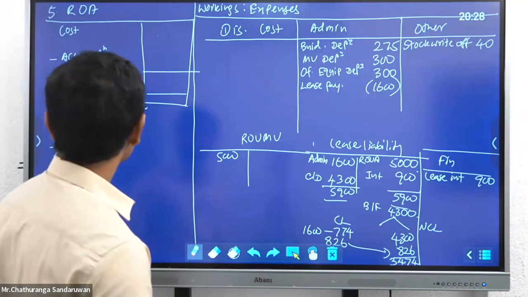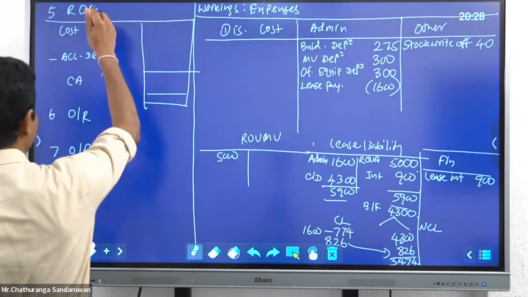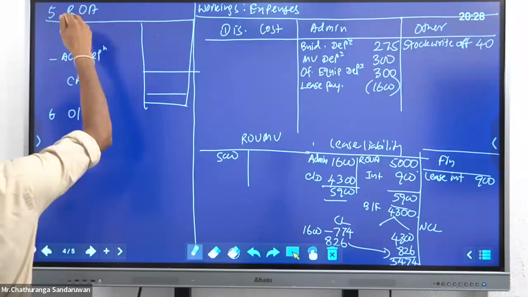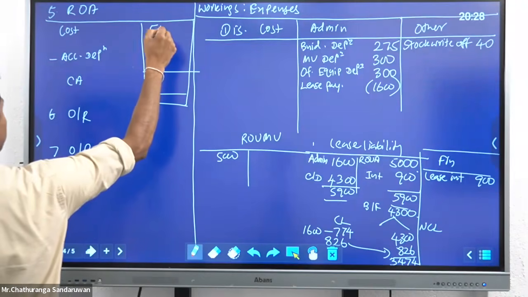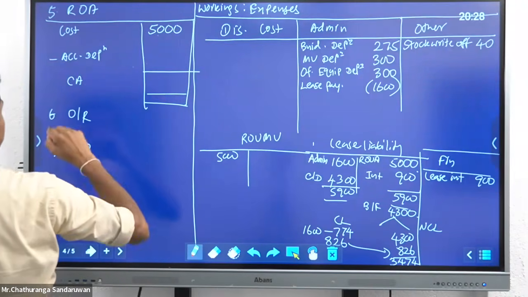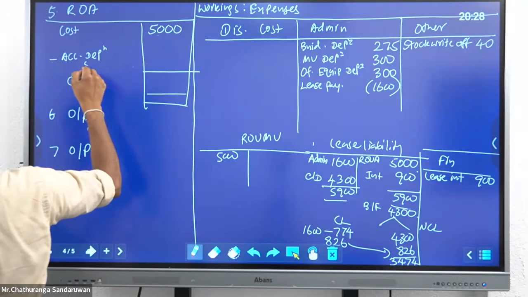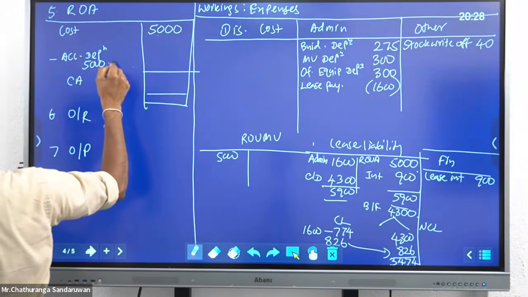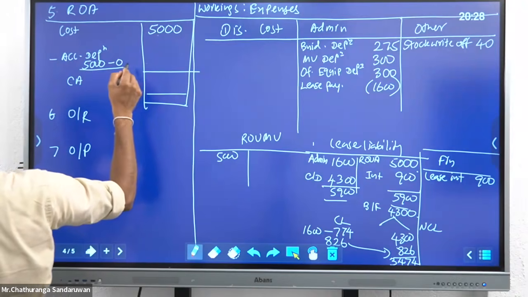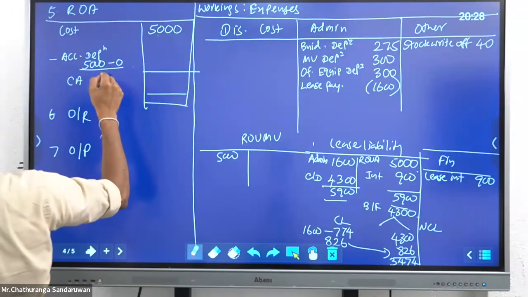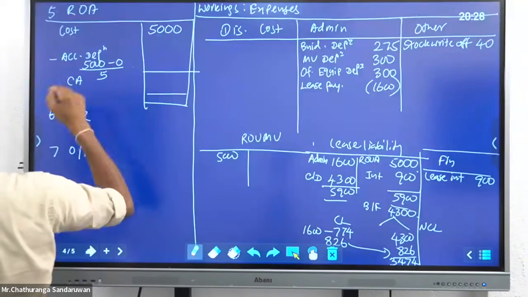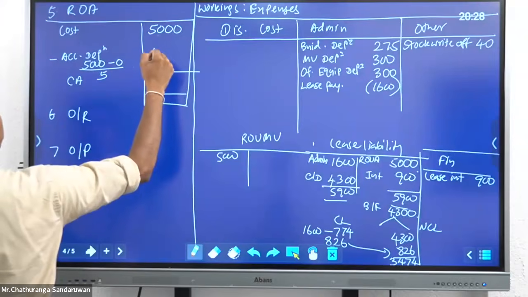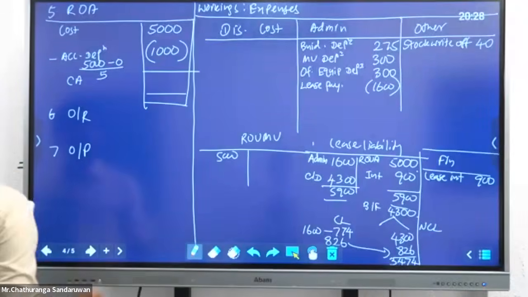So if you come to the right of use asset note, cost is 5,000, that is correct. Depreciation is 5,000 divided by 5, no residual value, then that is 1,000.